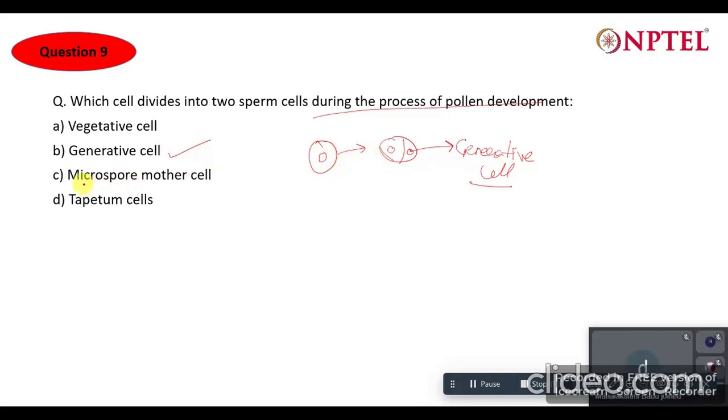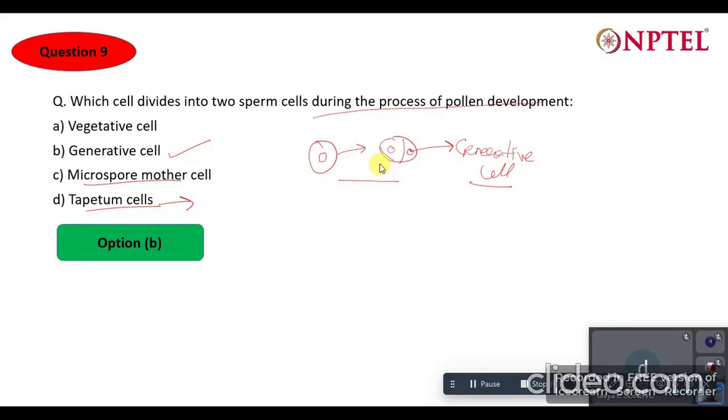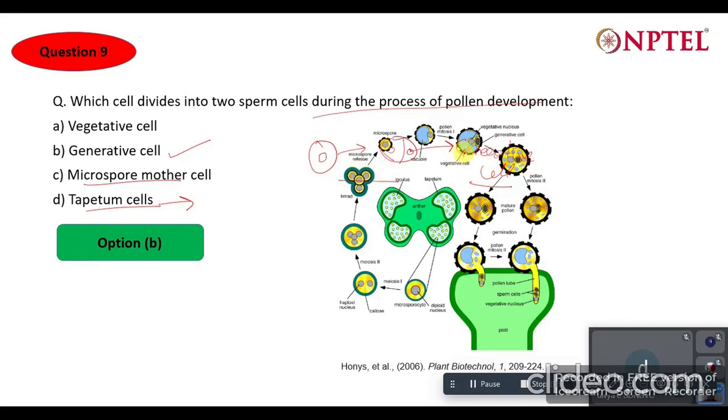And the whole microspore develops from the microspore mother cell, and tapetum cells are the cells of the tapetum layer that helps in the nourishment of the pollen grains. So the answer would be generative cell, and that would be better explained with this diagram, in which the microsporophyte first undergoes meiosis and produces microspore tetrad.